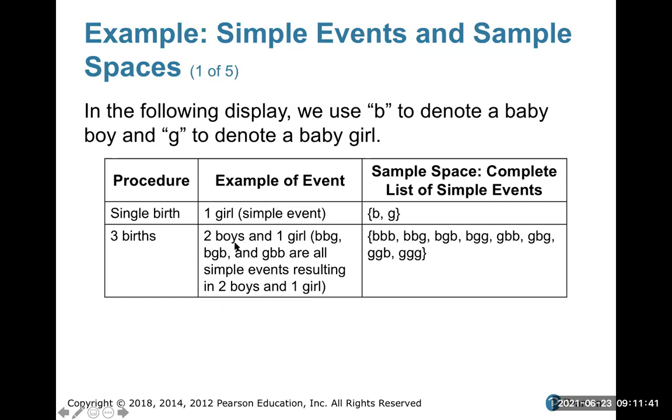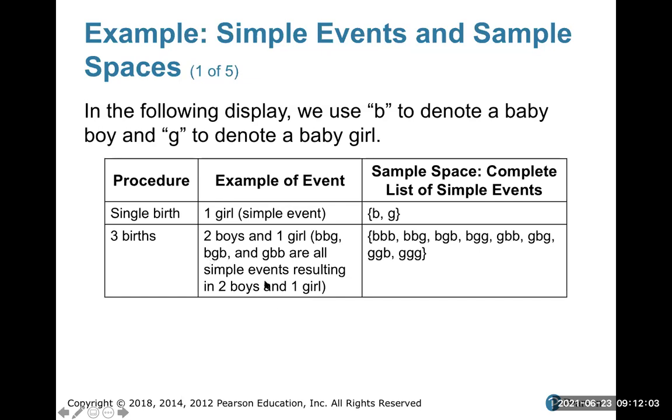If you are in favor of two boys and a girl, then the event is two boys and a girl, which is just an event. You break it into simple events of two boys first and then a girl, one girl first and then two boys, or two boys and a girl in between.